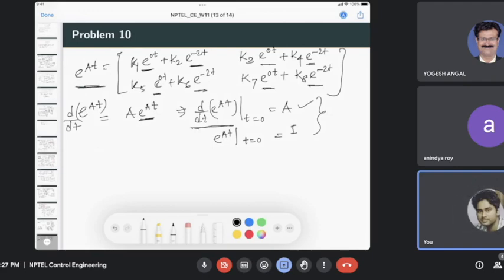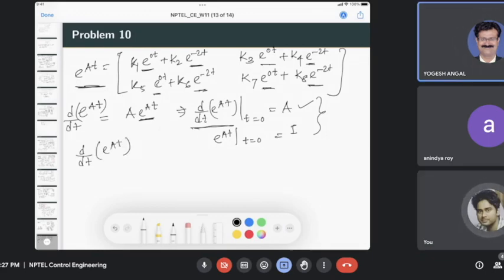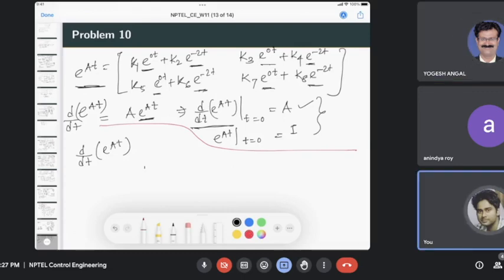So the derivative will be what? The derivative of e to the power At means element-wise derivative. It will equal the derivative of each element. The first element will be 0, because e to the power 0t is 1, so its derivative is 0.